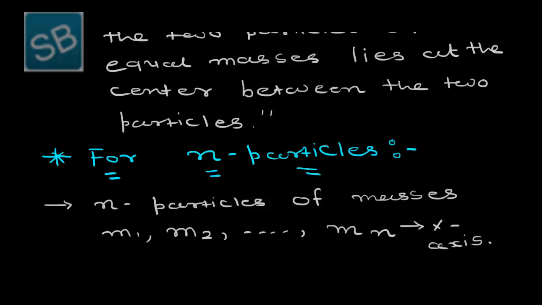At a distance, so the distances are, the m1 particle is at x1 distance, the particle of mass m2 is at x2 distance, up to so and so. The particle with mass mn is at distance xn from the origin O. These all distances are with respect to origin.